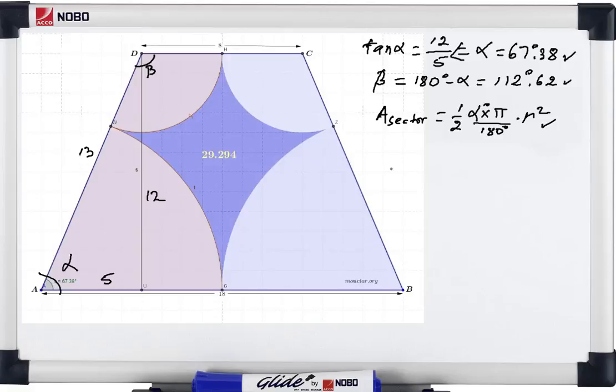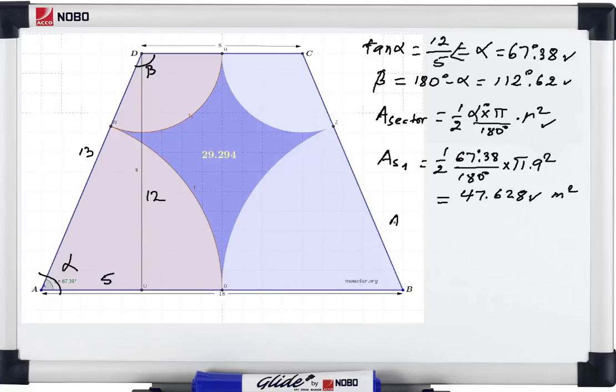We showed that before. So we call this sector 1, and this sector 2. Area of sector 1 is equal to 1/2 of 67.38 degrees over 180 degrees times pi times 9 squared. That will give us roughly 47.628 square meters.